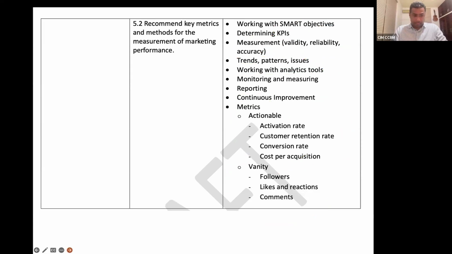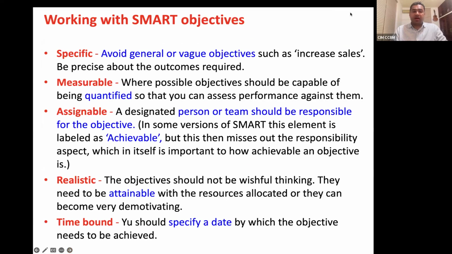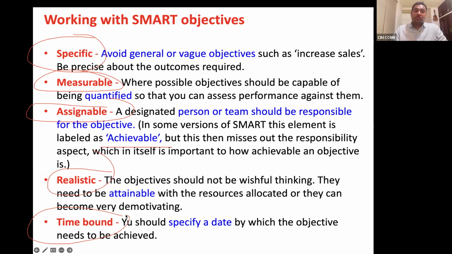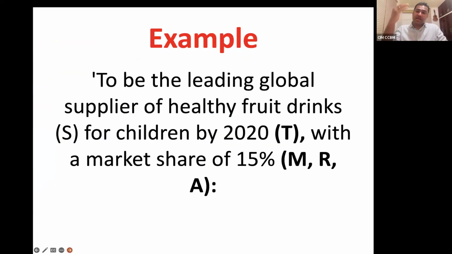Let's start now. So we start this conversation by understanding what SMART objectives are. We discussed this in an earlier chapter. SMART objectives are specific, measurable, assignable or achievable, realistic, and time-bound goals and objectives. So you need to make sure your objectives are SMART, because if the objectives are measurable and time-bound, then you know the marketing plan will get implemented and the activities will get done.